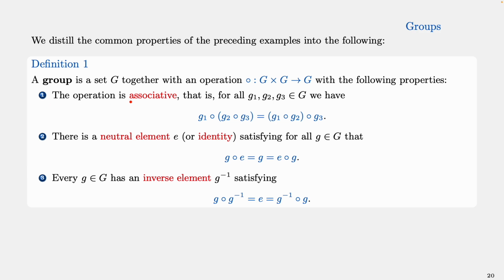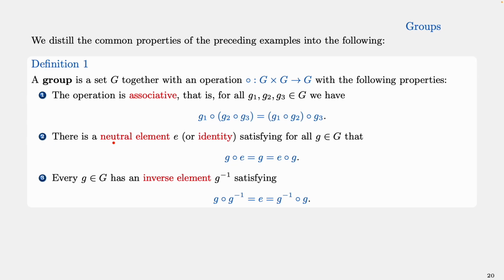First, the operation is associative, which means that if we have 3 elements, g1, g2, g3, from the set G, we have that g1 composed with the composition of g2 and g3 is the same as the composition of g1 and g2 composed with g3.